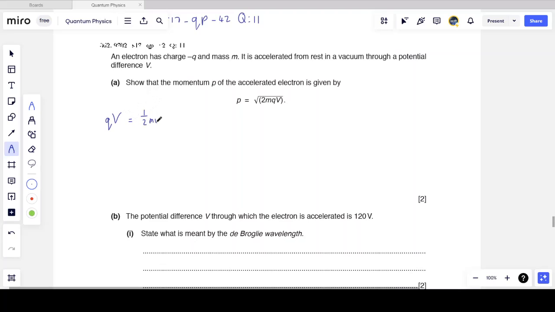And so its final kinetic energy is a half mv squared. That's Ek. So what does this mean? That means I can write an expression for little v in terms of big V. So the speed v is, if I rearrange this, the square root of 2qV over m.